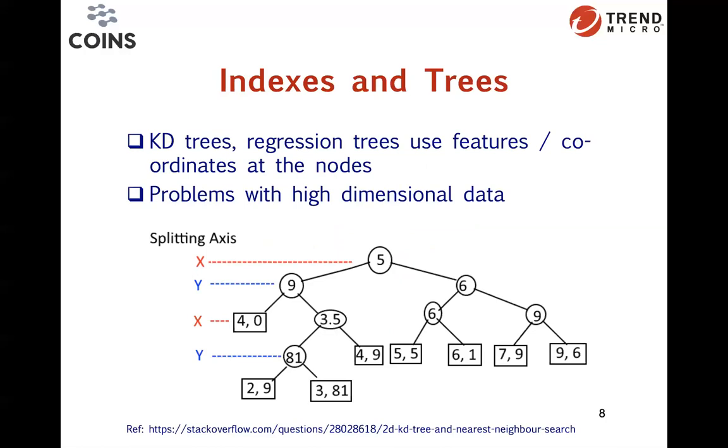So here we present a KD tree that alternately uses X and Y features from each data point to separate the space. This works well for low dimensional data, but it has issues once the data is high dimensional. And many security problems have high dimensional data. This is a typical problem.